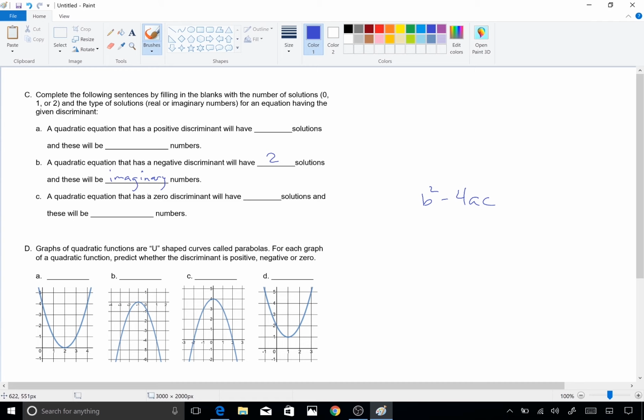If it's positive, you'll be taking the square root of a positive number, and that gives you two real solutions. When it's 0, your solution will be negative b divided by 2a, and that means one real solution.